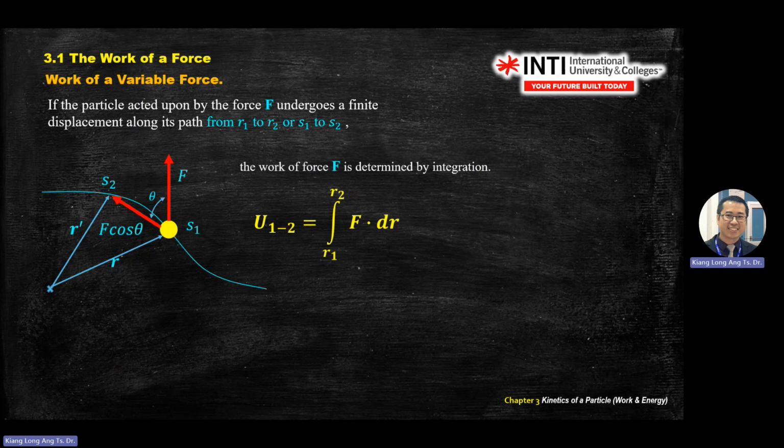Okay. So in application, we will derive the equation. The total work done by the force from position 1 to position 2 will be the integration of F dot dr. This is the integration step. Because this is moving not in a straight line, it moves in a curve or a path that gives you an equation.